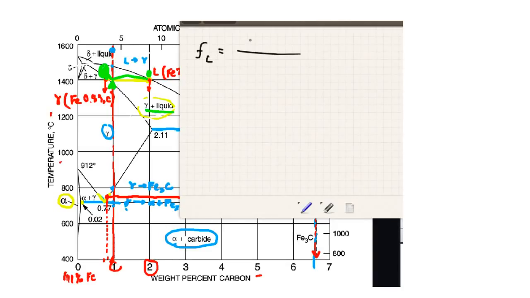Let's use the numbers: 1% minus 0.8% would be the short segment, and the long segment is 2% minus 0.8%. That is the lever rule. Again, the liquid we're expecting to be less, so the fraction of the liquid is the short segment over the total length of the lever arm.